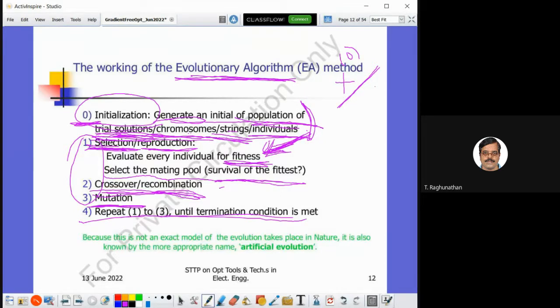And this is exactly what happens even in evolution. That is why this is known as an evolutionary algorithm. But the difference is that in real-life evolution, each generation takes many years.